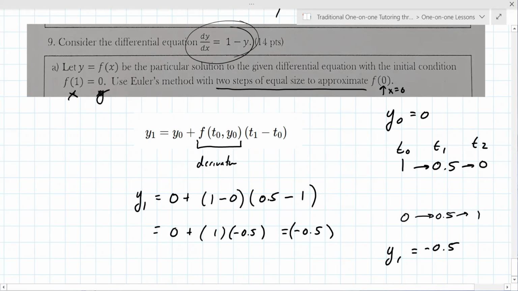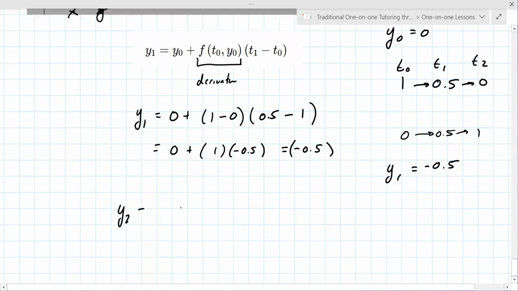Okay. Your y2 is your previous, y1, plus f of t1 comma y1, times t2 minus t1. These indexes increase.